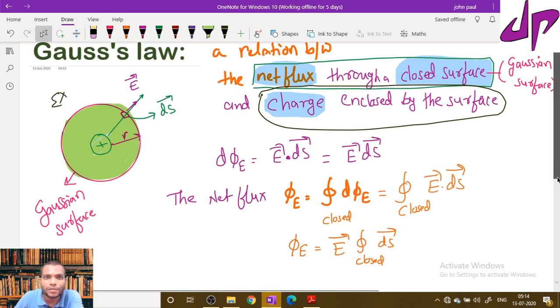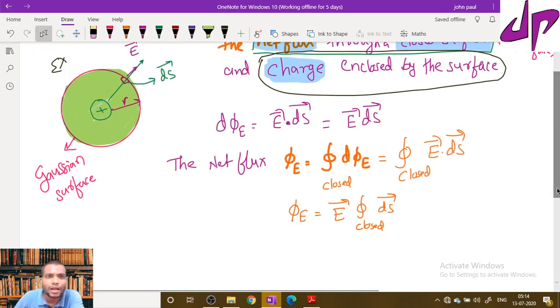Since the surface is a Gaussian surface, we know the surface integral of this sphere. We can write phi E equal to E bar times 4 pi r square.